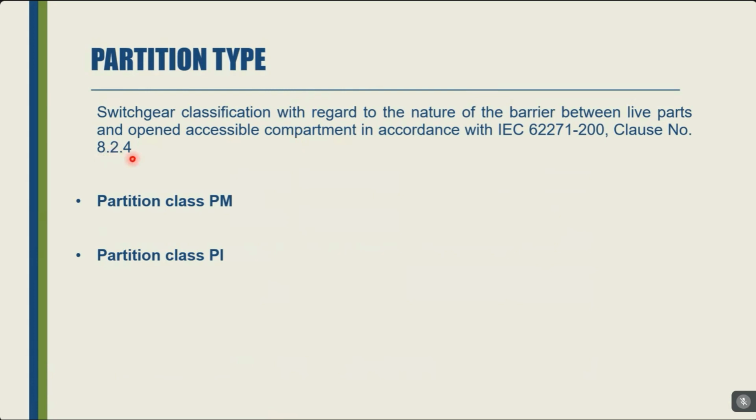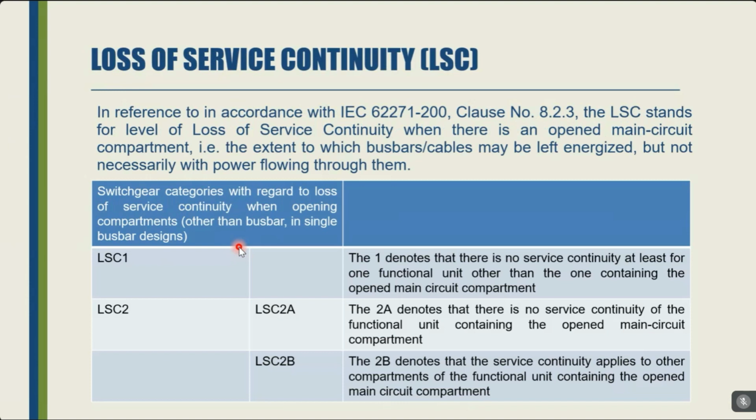So let's say I have opened the switchgear door, many of the equipment may be live in the rear section, for example. Therefore the partition type classification becomes very, very important. The two types of partition classes defined in the IEC are PM class and PI class. Now what are those? Let us see in the next slide.